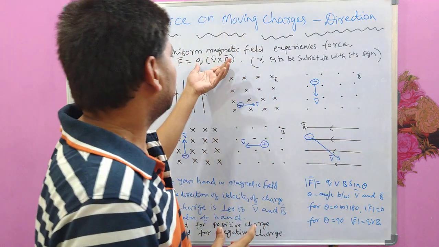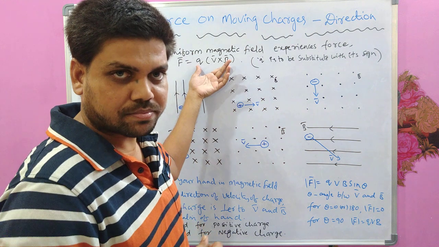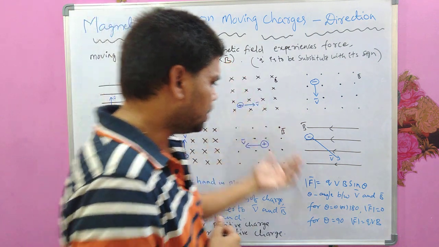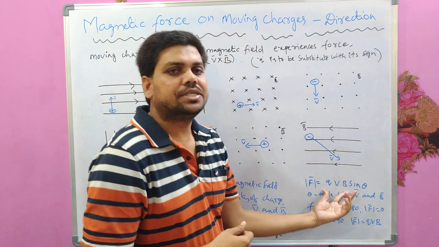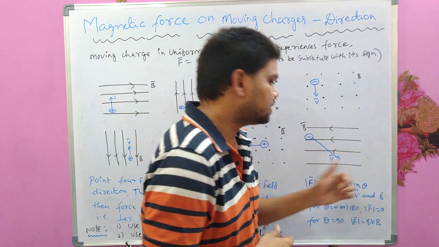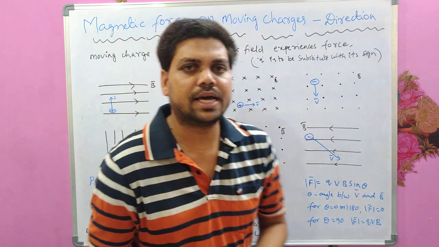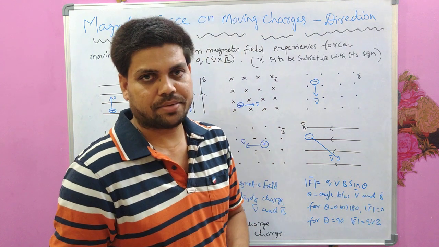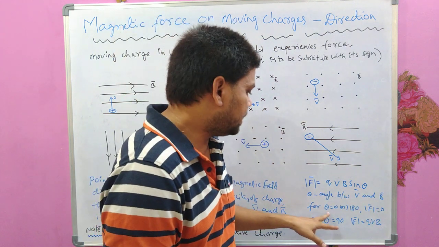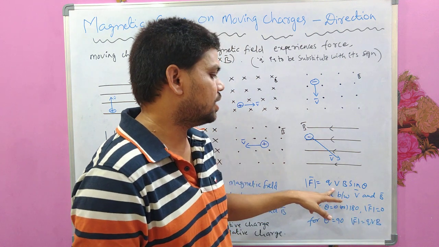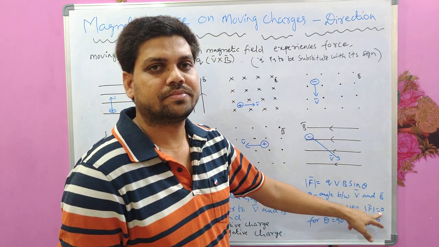So if this is the force acting on the moving charged particle in a uniform magnetic field, then this is the magnitude of that force, that is QVB sin theta, where theta is the angle between velocity and magnetic field. For theta equal to 0 or 180 degrees, the force acting on the particle would vanish.